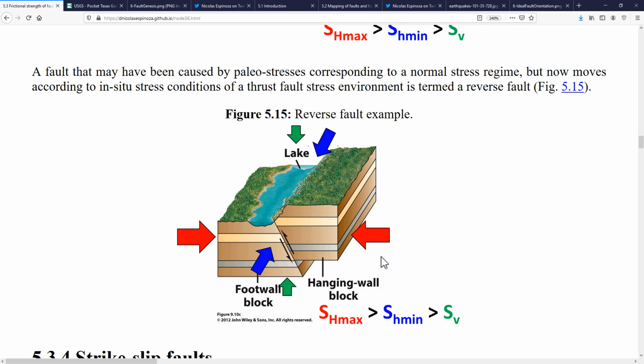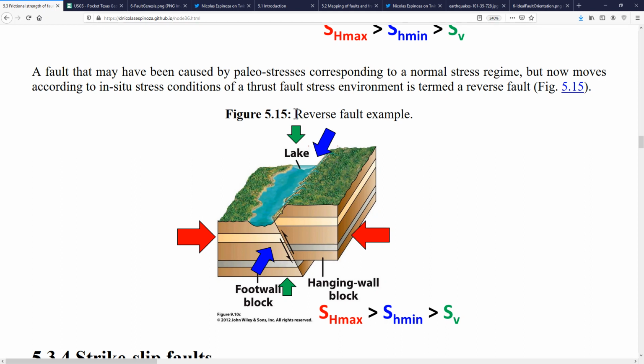Now, in this example, I have the current stresses to correspond to a reverse faulting regime with SH max higher than SH min and SV. So now I have a relative movement of the hanging wall going up with respect to the foot wall.